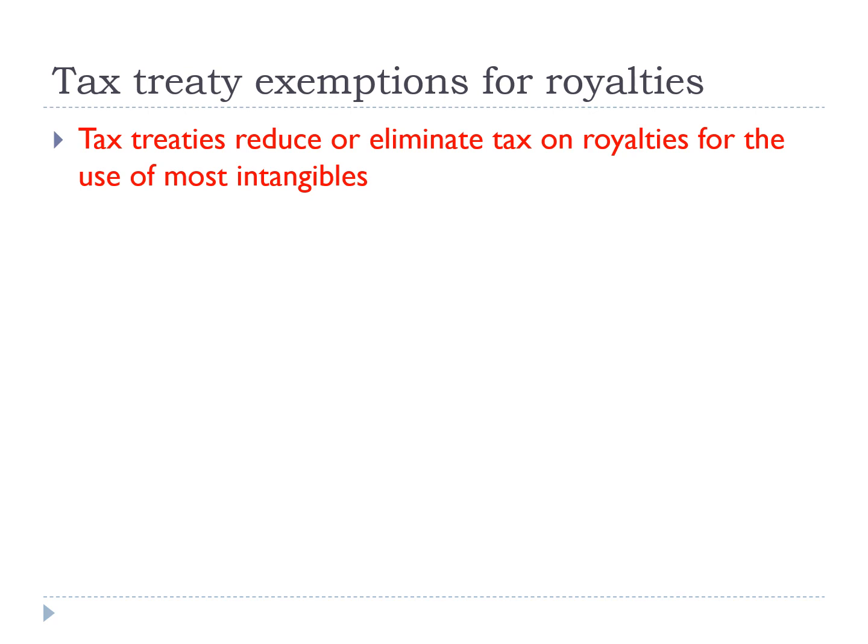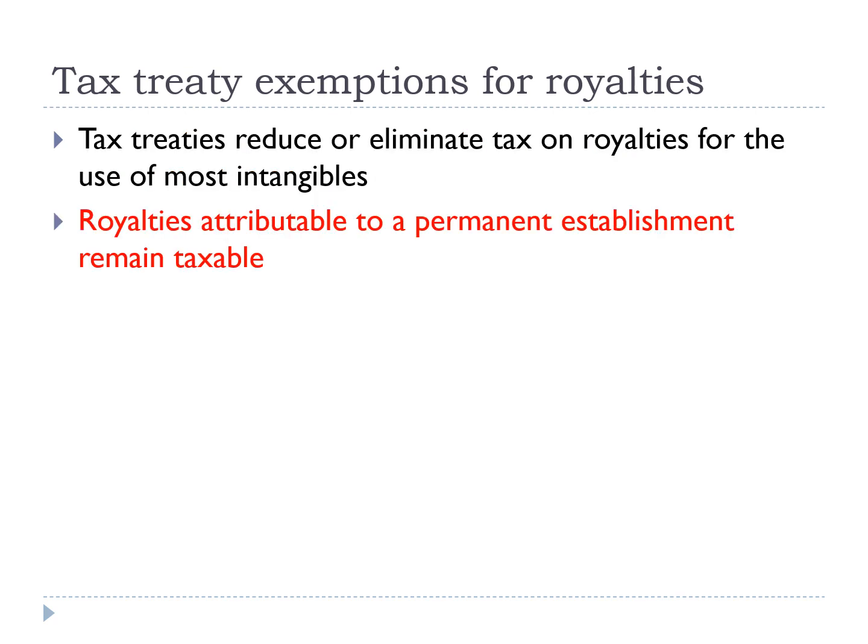The exemption applies to royalties for the use of any copyright of literary, artistic, scientific, or other work, including films, any patent, trademark, design or model, plan, secret formula, or process, or for information concerning industrial, commercial, or scientific experience, and gain derived from the sale of any of this property to the extent that such gain is contingent upon the productivity, use, or disposition of the property is considered a royalty.